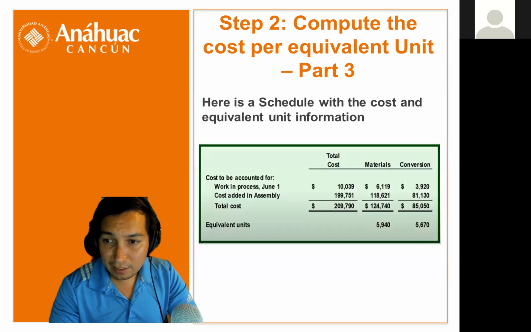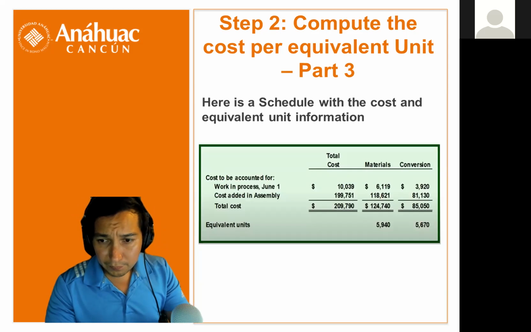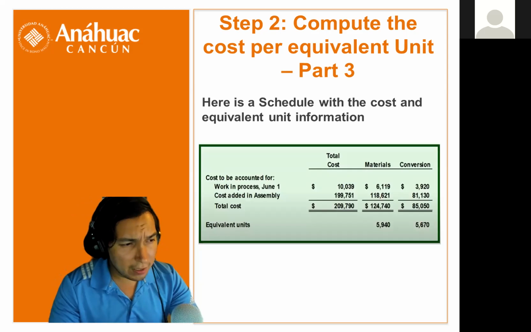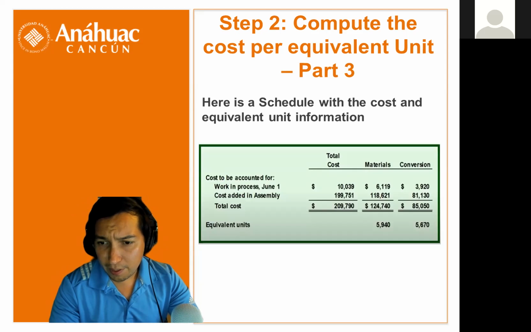So if we're looking at materials, we have a beginning cost of 6,119. We added in 118,621 during June for a total of 124,740. And then we're going to divide it by what we computed in step 1.